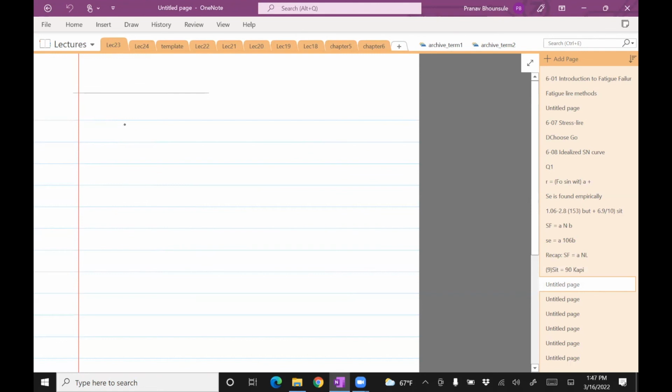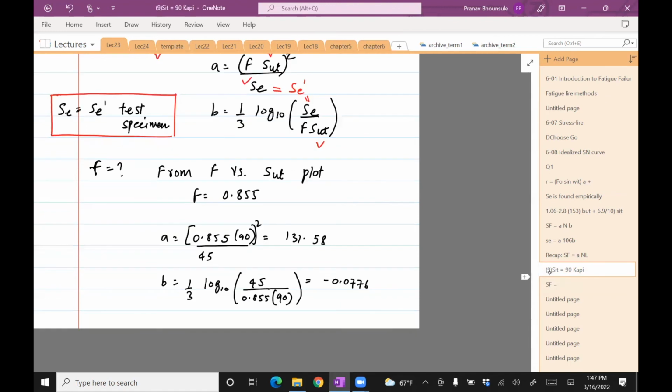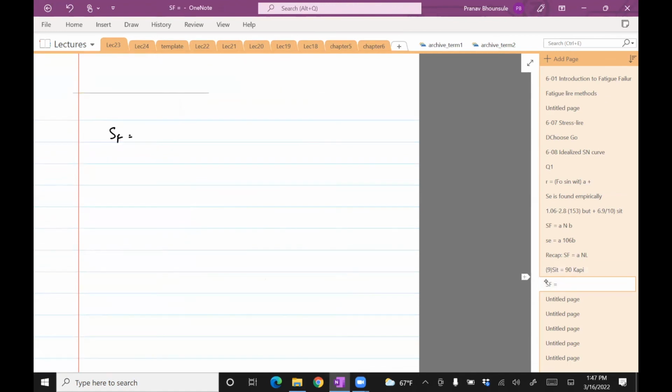Let's put that in the equation. In this case, SF is unknown. A is known, A is 131.58. N is given.